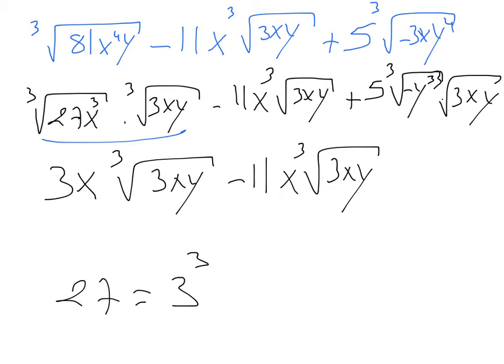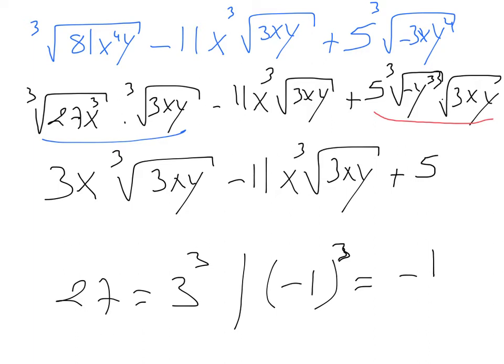Now here we have to pay attention to the third term. Okay, 5 will stay the same, and we're going to take -1 out. Because we have a negative, we know that -1 cubed equals -1.